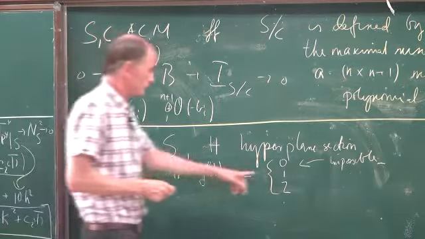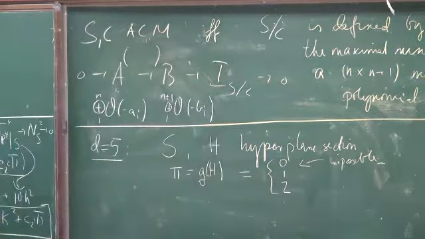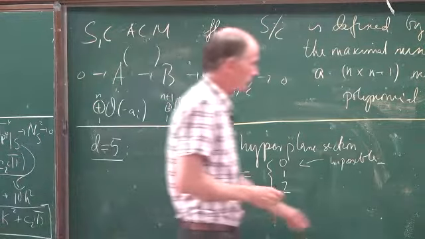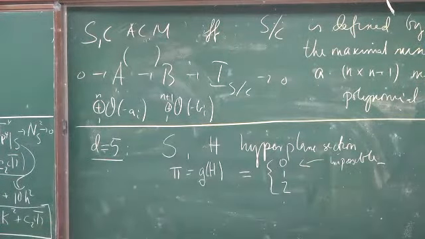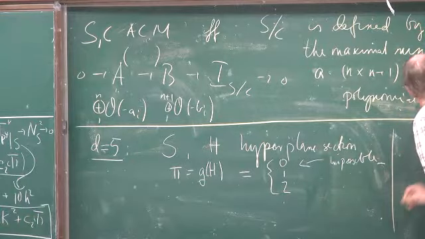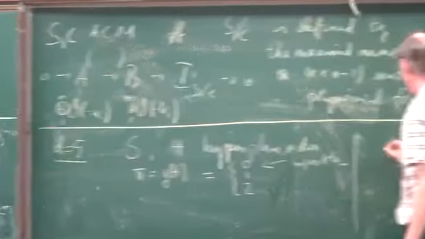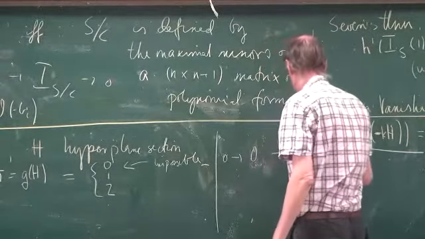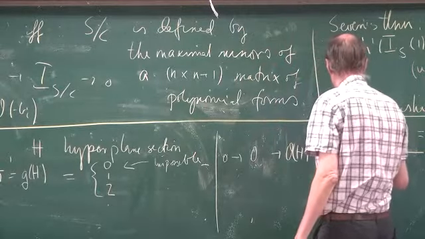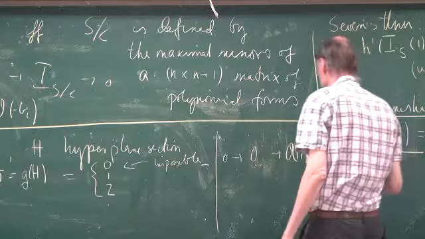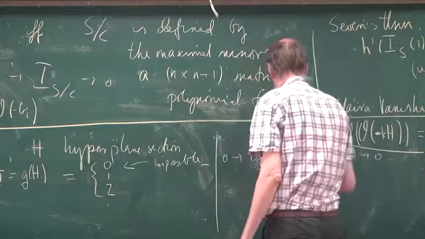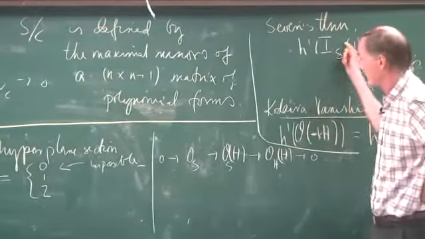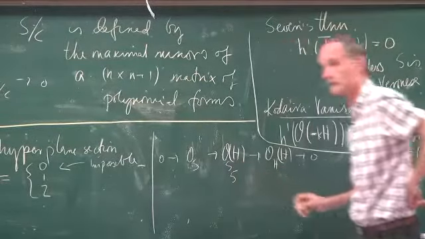So what about genus 1? Well, there I have to be a little bit more careful. Still, an elliptic curve of degree 5. If you look at the exact sequence and look at the global sections, I know by Severi's theorem I have 5 sections here in the middle.